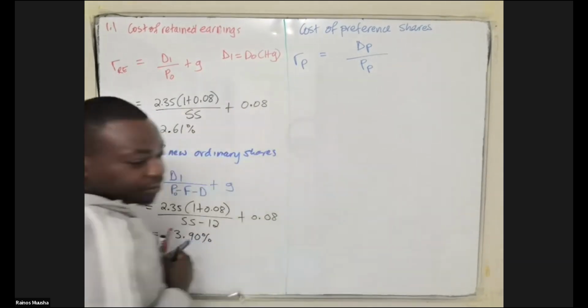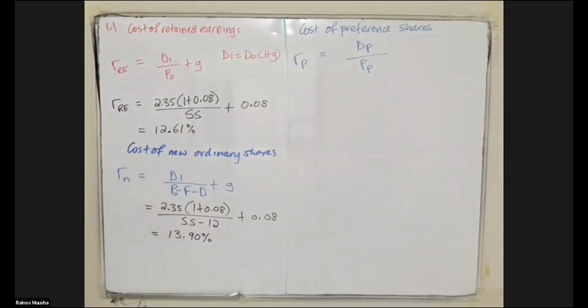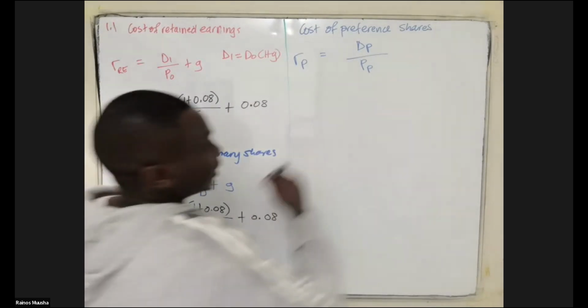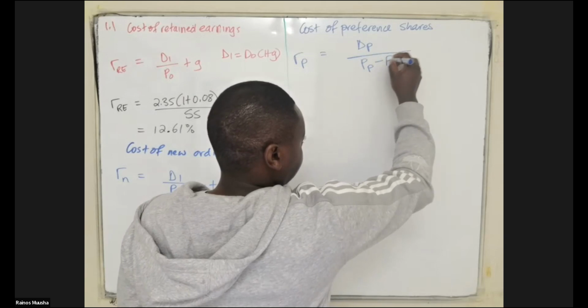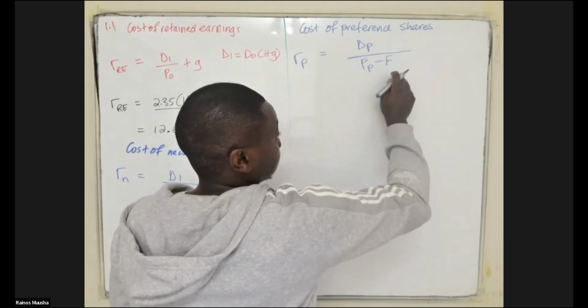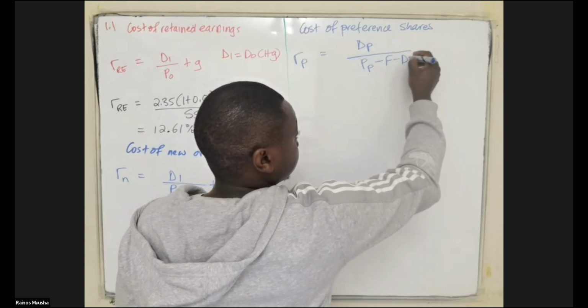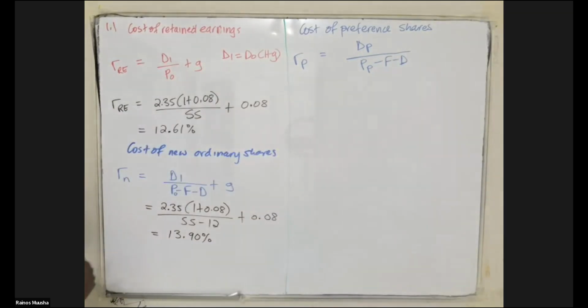Preference shares can also be issued and incur flotation costs as well. So the cost of the preference shares will be the dividend divided by the price of the preference shares minus any discounts or flotation costs incurred when issuing them.